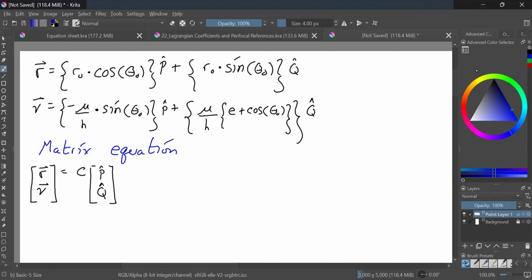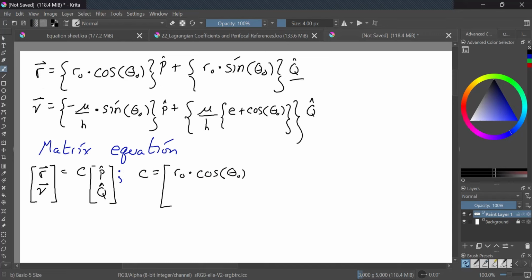So we have C. C is going to look like everything that we did not include, but the order and spacing does matter. So for the P element of R, we have this term, R naught times the cosine of theta naught.